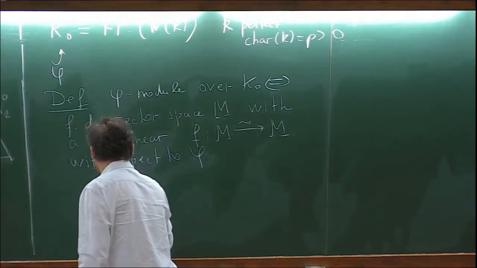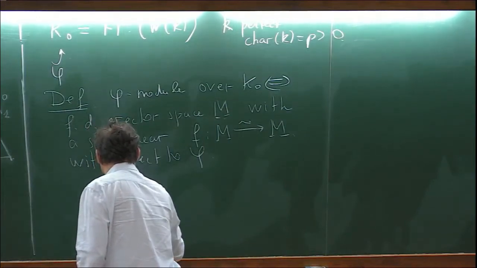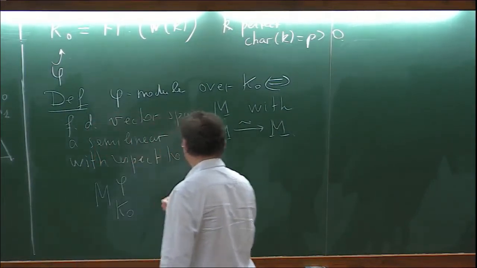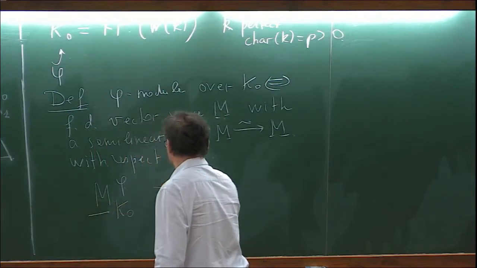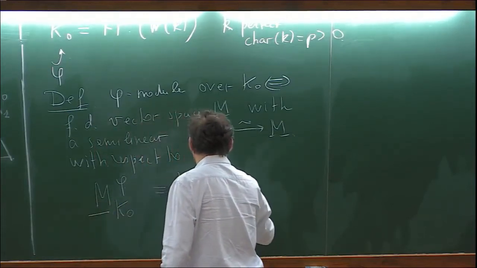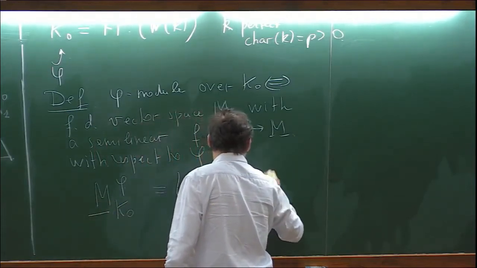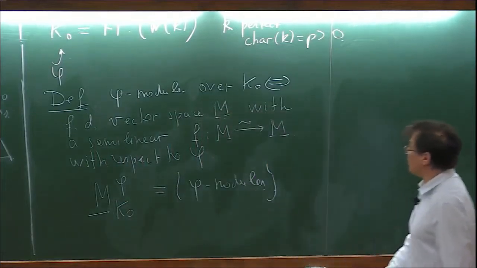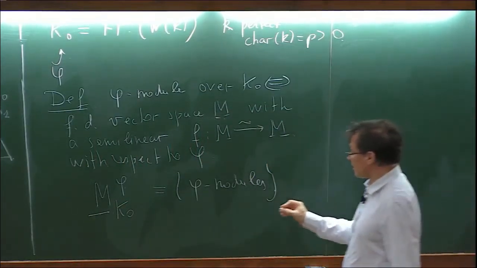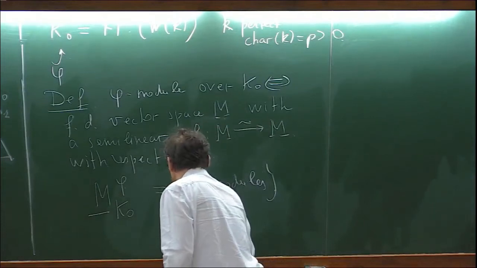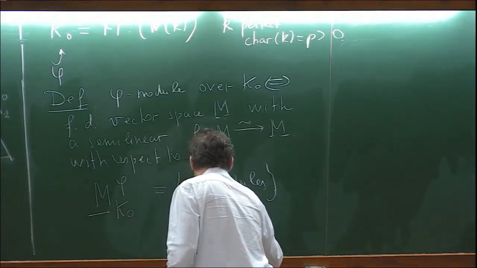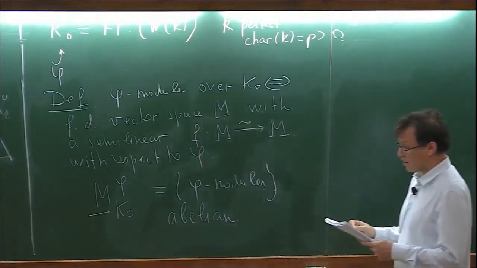We denote by M_{K_0}^φ the category of φ-modules. And here there is no problem. This is an abelian category, even a tensor category.